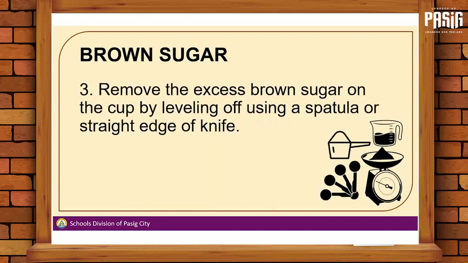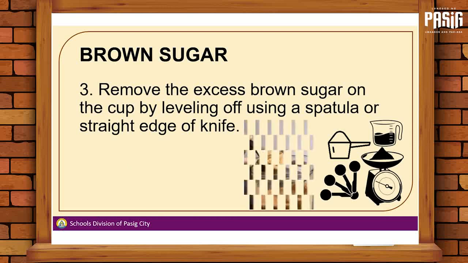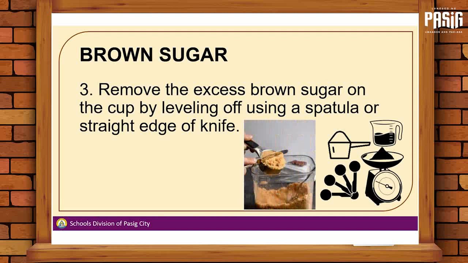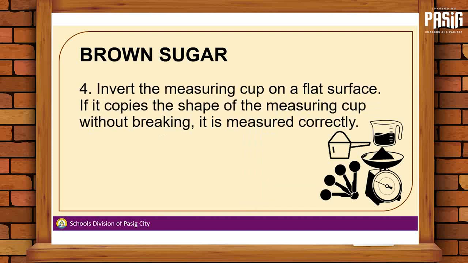Remove the excess brown sugar on the measuring cup by leveling off using a spatula or straight edge of a knife. And finally, invert the measuring cup on a flat surface. If it copies the shape of the measuring cup without breaking, it is measured correctly.